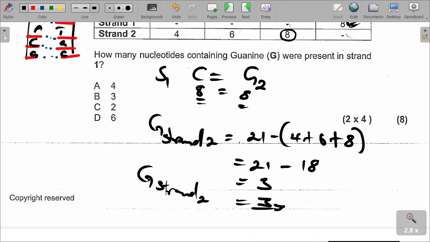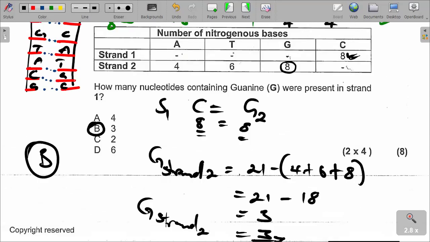But from here, the base pairing rule does not give us 8, which does not appear on the options. So for now, we can infer that the answer can be B. But the base pairing rule must give us an 8 in that respect.